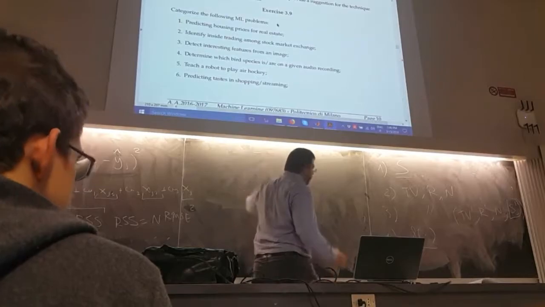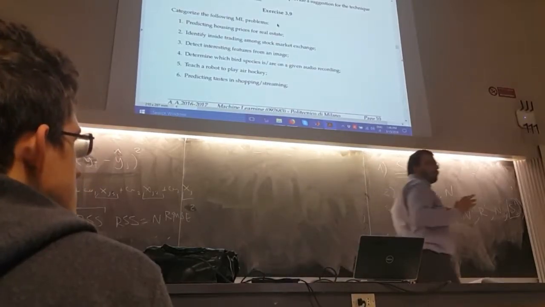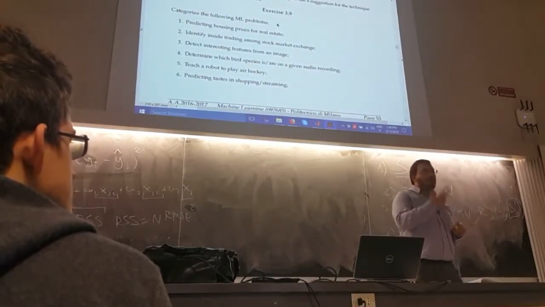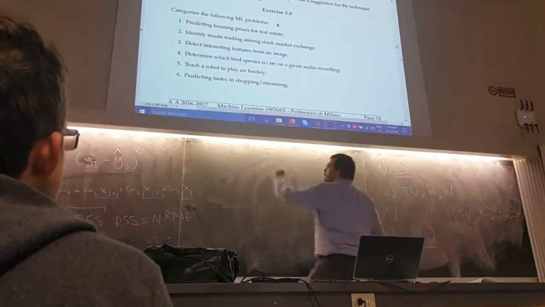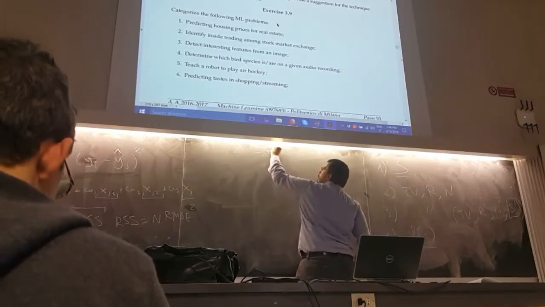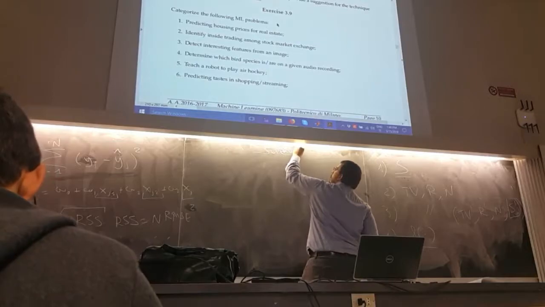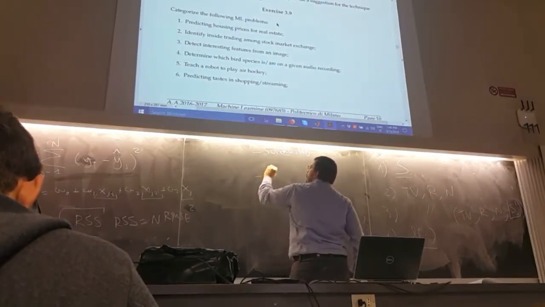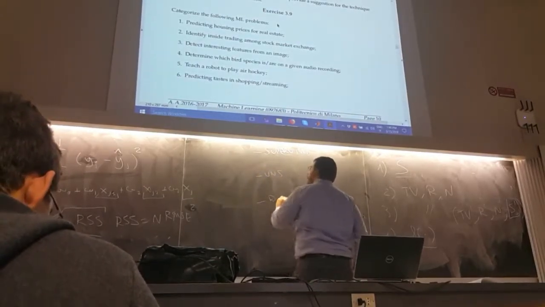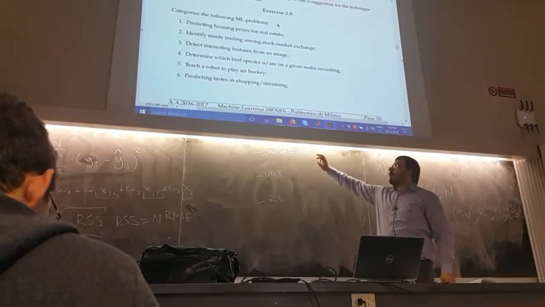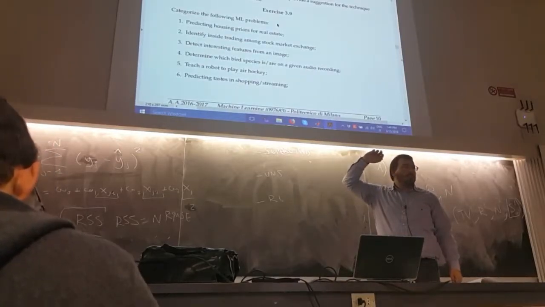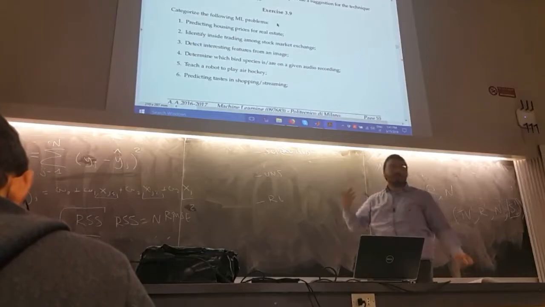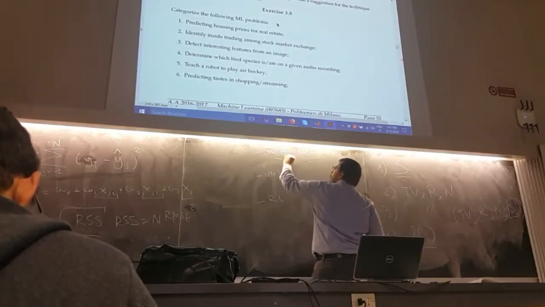Okay, so the three big areas are supervised, unsupervised, and reinforcement learning. In the supervised area, we have regression and classification.